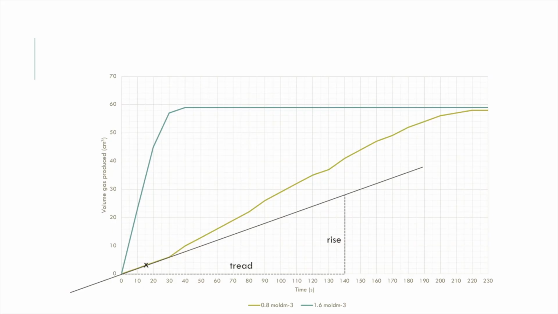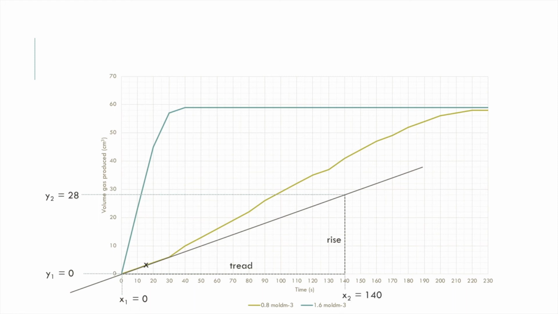So to do that, we need to know the lengths of these two lines, which is where reading the values comes in. Looking at the rise first, reading from the bottom of that line, we're going to call that y1, and it's at 0 centimetres cubed. Then the top of the rise is y2, and that's at 28 centimetres cubed. Now the tread starts at x1, and that's at 0 seconds, and it goes to x2, which is at 140 seconds.